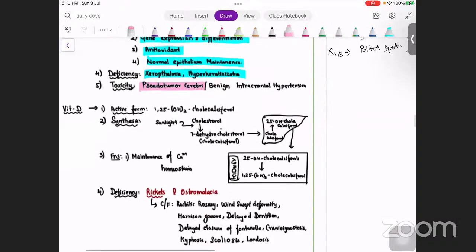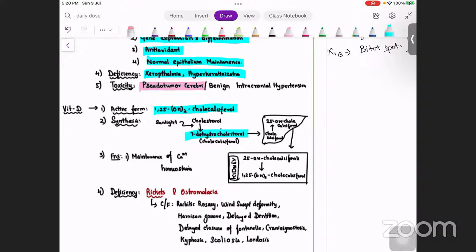Then vitamin D. The active form of vitamin D is 1,25 dihydroxycholecalciferol. So how is vitamin D synthesized? Whenever sunlight hits your skin, 7-dehydrocholesterol is converted into cholecalciferol.